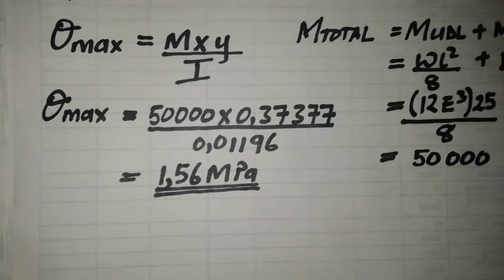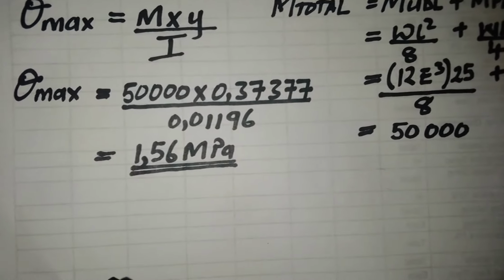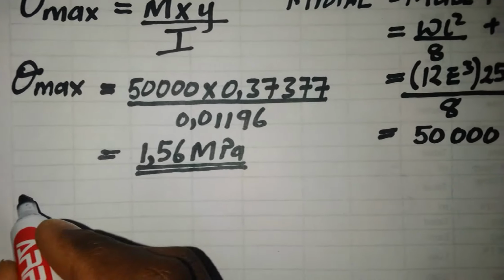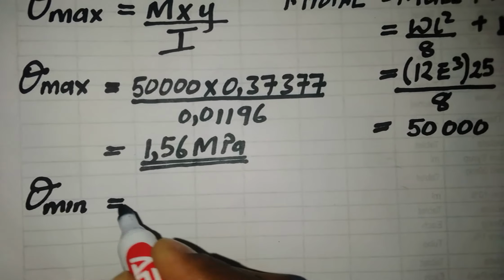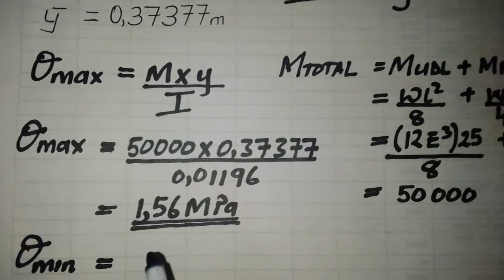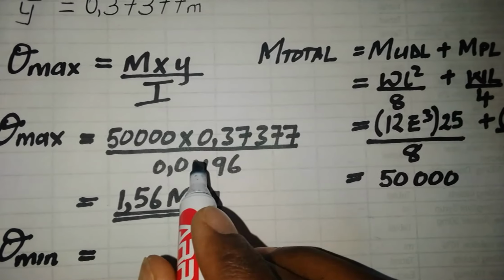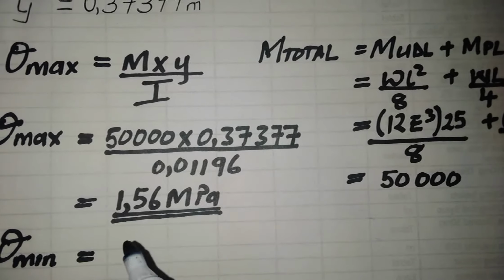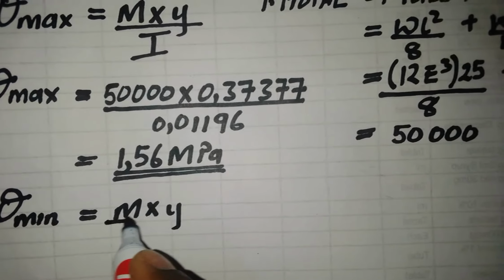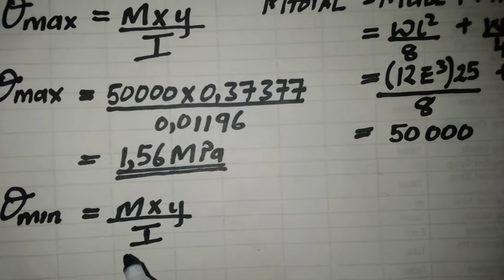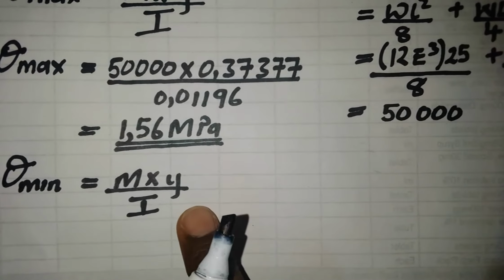Okay, so let's go now and calculate the minimum theta, that is the minimum stress. So theta min will be equal to, we use the same equation. So for M, we've got M and Y and I. So it will be M multiplied by Y over I. But now there's something that I want you to know for minimum stress.